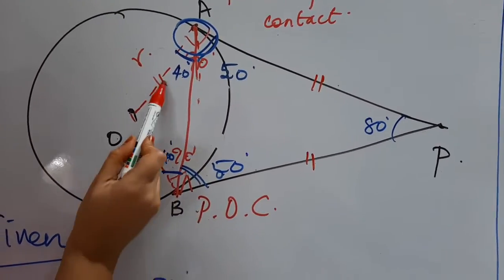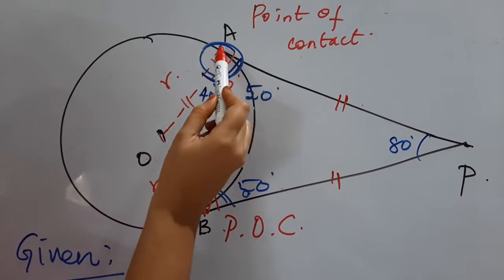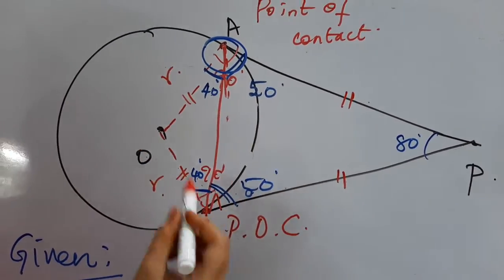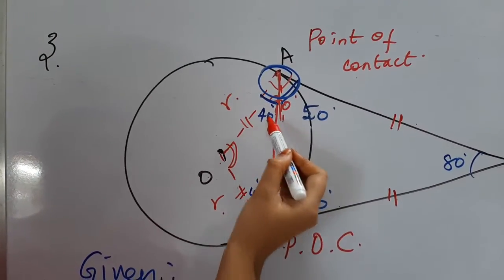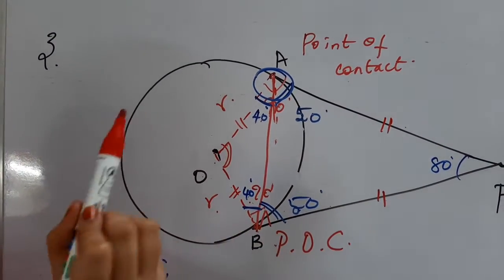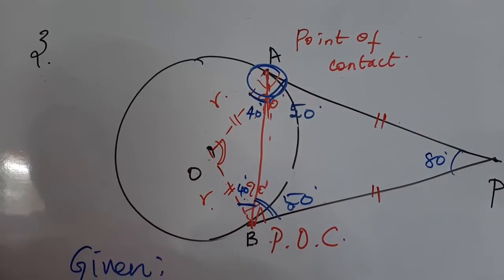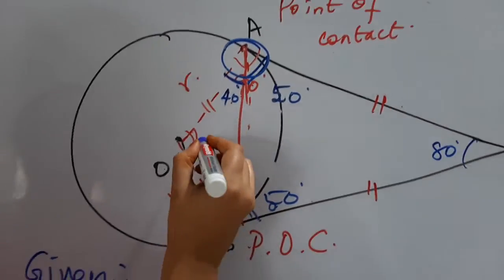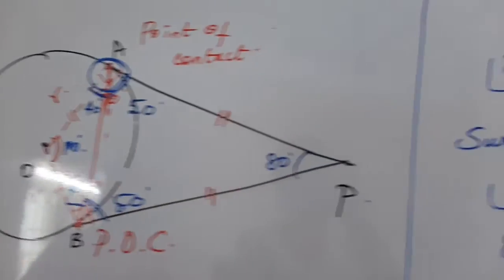So the sides opposite two equal angles are also equal. Again we got an isosceles triangle AOB, and now we are finding the angle O. This angle is 40, this angle is 40 in this triangle AOB. By angle sum property, if you subtract 80 from 180, we'll get O as 100 degrees.